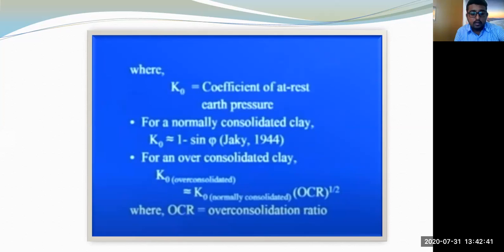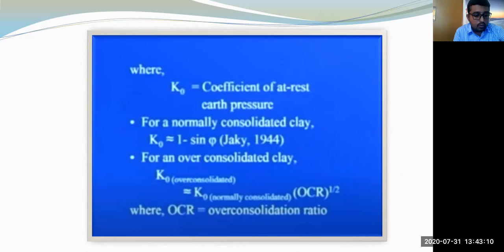Jaky in 1944 gave an expression for K naught at rest condition, which is equal to 1 minus sin phi dash, where phi dash is the angle of internal friction. Now this is for normally consolidated clay, and for over consolidated clay, K naught over consolidated is approximately equal to K naught normally consolidated into the square root of the over consolidation ratio.